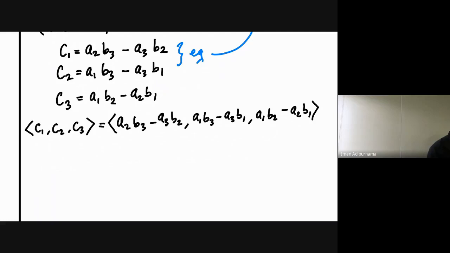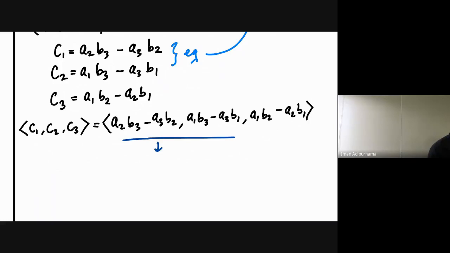This resulting vector is called the cross product of A and B, and we usually write this as A cross B. Usually you use the right-hand rule to find the direction.